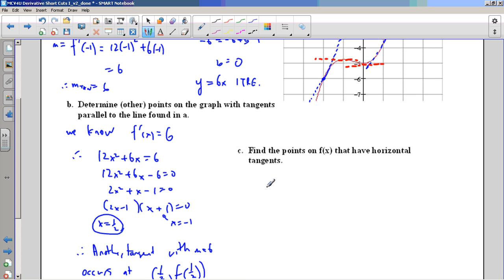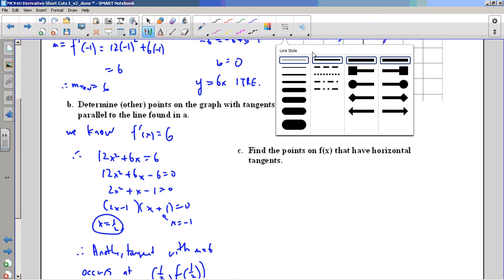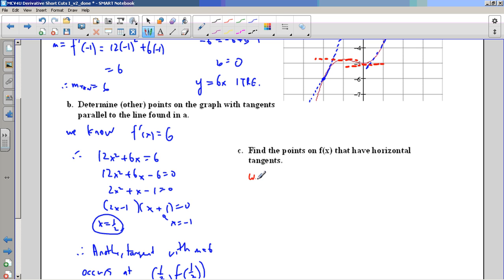So we know we want f prime at x, which is equal to 12x squared plus 6x. That's got to be equal to 0. So now I'm going to solve this. Well, how do I solve that? Factor away.